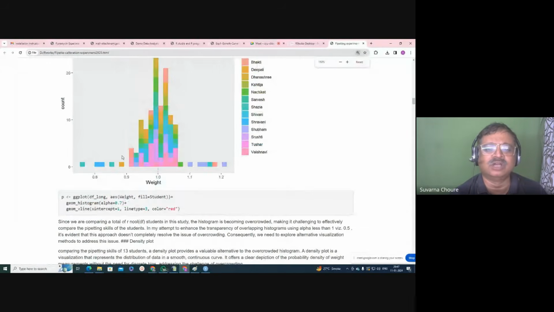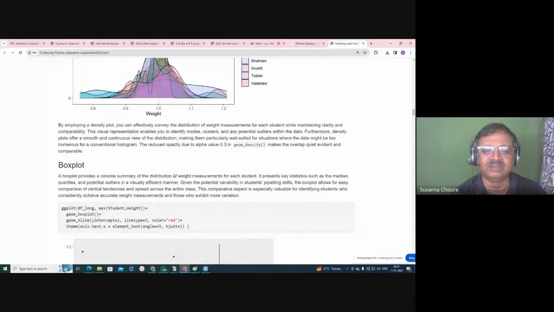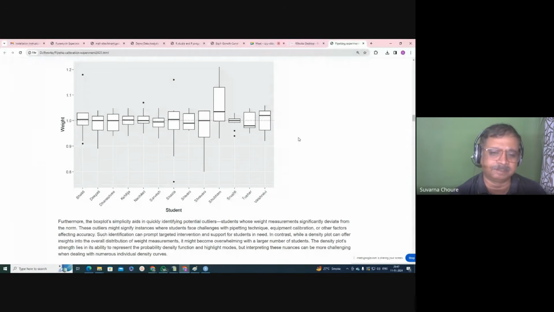This is the distribution of the data, not much visible, but here you can see what is happening. This is data from my class. My students pipetted out the volumes, and you can see that Shubham is actually pipetting higher volumes consistently. And Nachiket is pipetting quite accurately, pipetting 1 ml accurately.